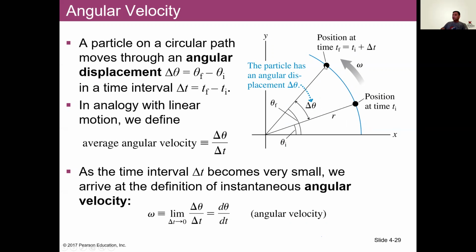At a later time, your object is right here, so it moved from here to here along this line. And now you have a new time, tf, which is ti plus delta t. So you can simply use delta t to be tf minus ti. As always, there is nothing new there. But it has moved to a new angle, so this new angle is theta f.